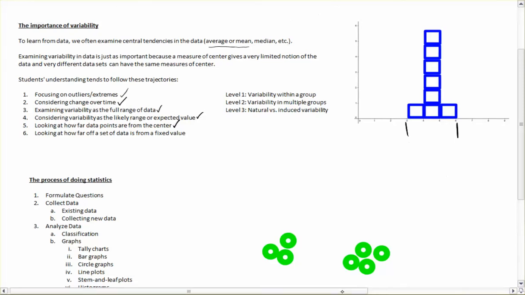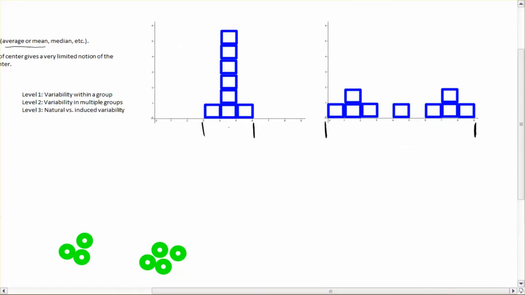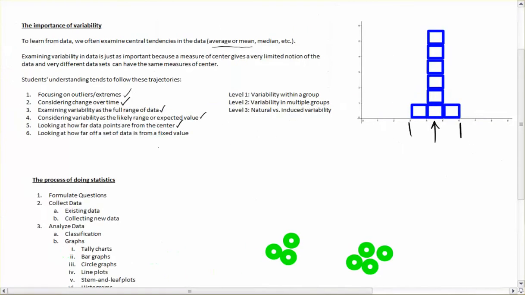So looking once again over here at our two sets of data, if the center is here, they can talk about the data either being right on the center or one off of the center. Whereas here, we have data that ranges many values away from the center, and there's a difference there. And then finally, looking at how far off an entire set of data is from a fixed value, so rather than just single points of data, looking at the whole set.